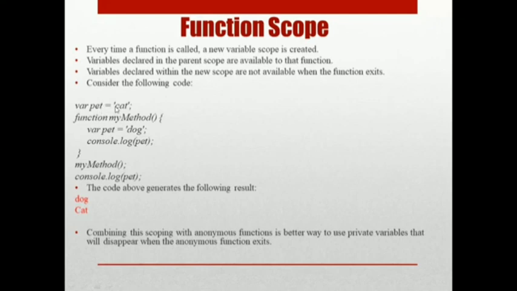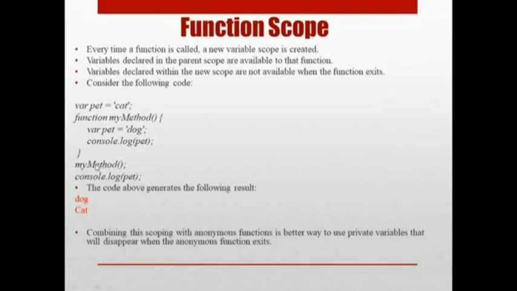That pet variable contains cat. Then the function myMethod has a body consisting of variable pet is equal to dog, then console.log prints that pet. After closing the body of that function, we call the myMethod function.